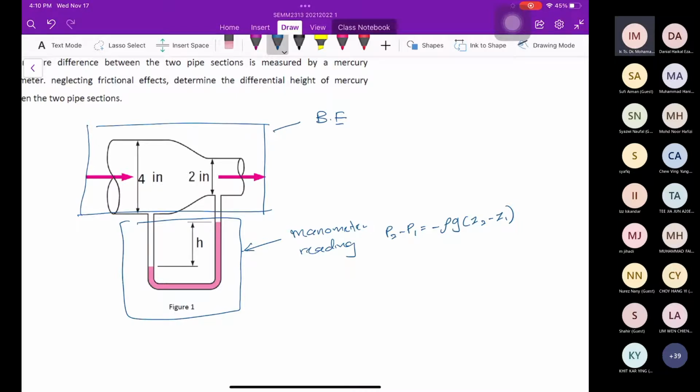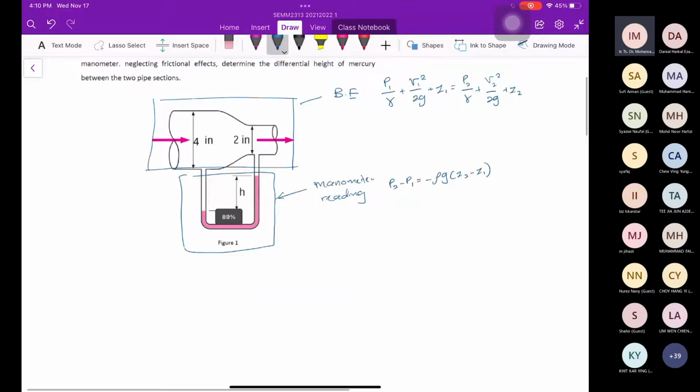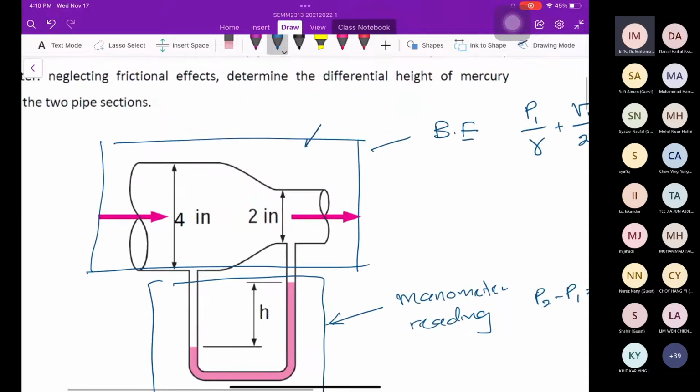As well, for the Bernoulli equation, we can apply P1 over gamma plus V1 squared over 2g plus Z1 equal to P2 over gamma plus V2 squared over 2g plus Z2. This is between 2 points. So let's start with the Bernoulli equation. We focus on this one first, alright?